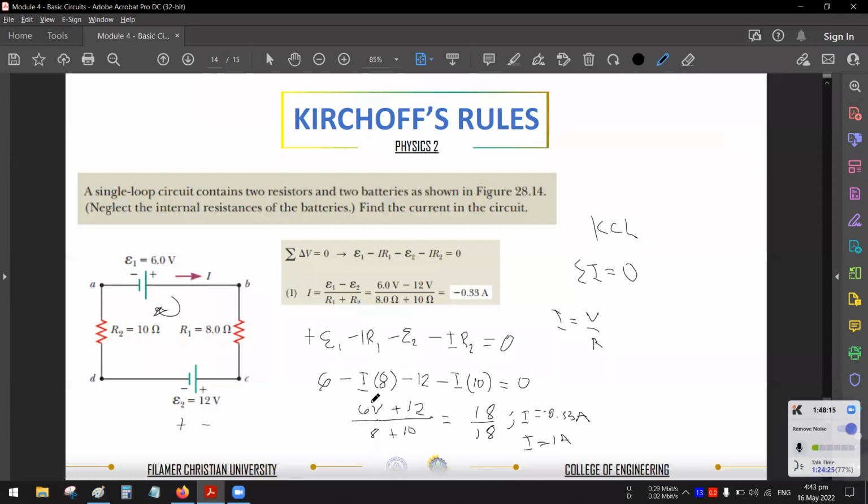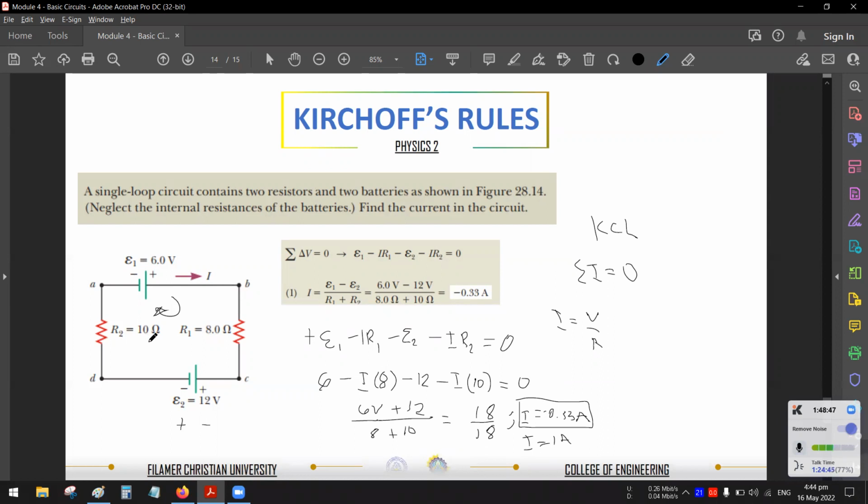So, ito yung equation natin. So, saan dito yung tamang sagot? Ito ba o ito? So, it depends, no? So, ito yung tamang sagot kanina. Pero yung direction ng current natin should be pabaliktad, counterclockwise.